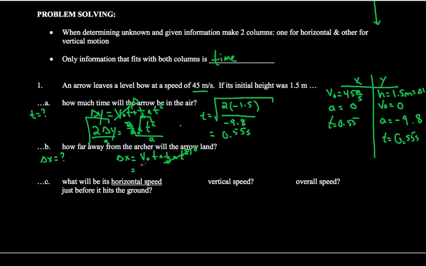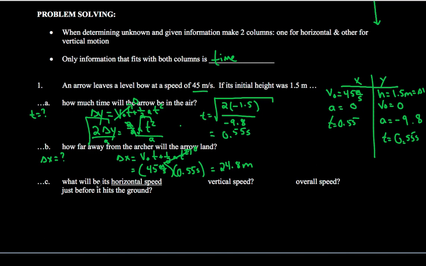So now I have the initial velocity of 45 meters per second, and I'm multiplying that by my 0.55 seconds. So I get a distance of 24.8 meters.